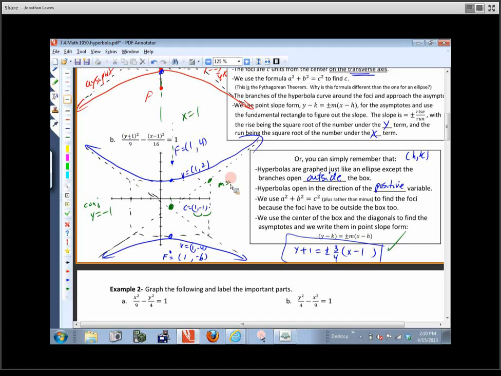Isn't that a slope of 3/4? And I'd have to go to the right 4 and down 3, so isn't that a slope of -3/4? And if they go through 1, -1, wouldn't we get y minus k equals plus or minus whatever the slope is, times x minus h? So do we have the right asymptote? Any questions? Okay, go ahead and flip the page over.